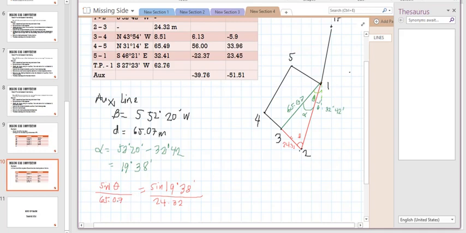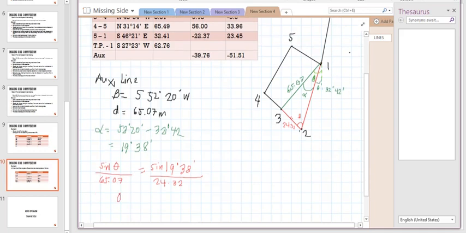So from here we can solve for the value of theta. Inverse sine of sine 19.38 divided by 24.32 times 65.07. So theta would be 64 degrees 2 minutes.